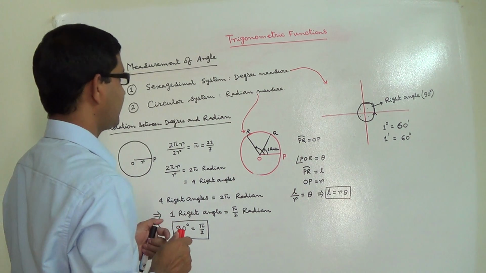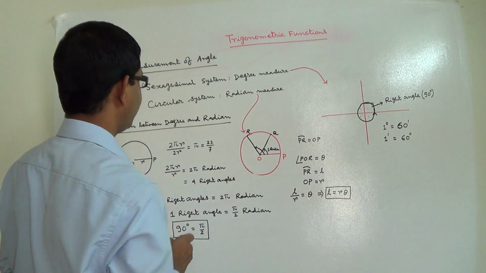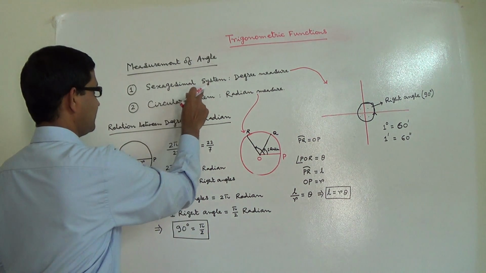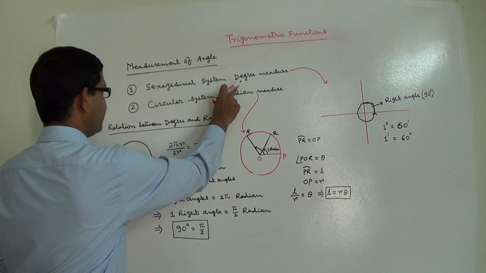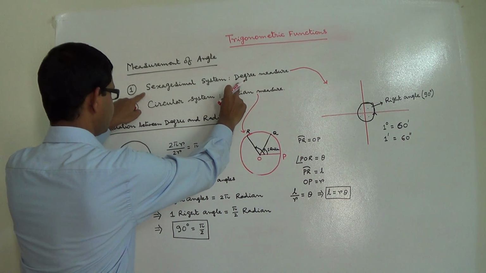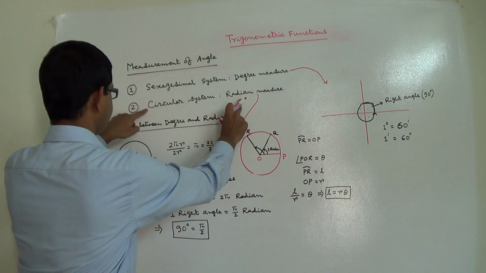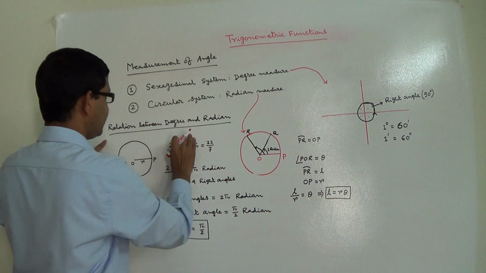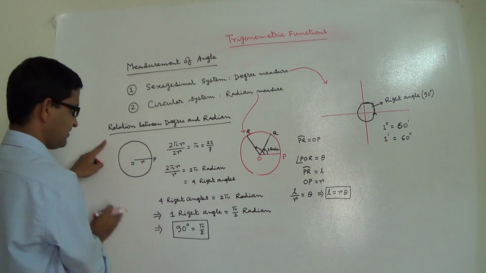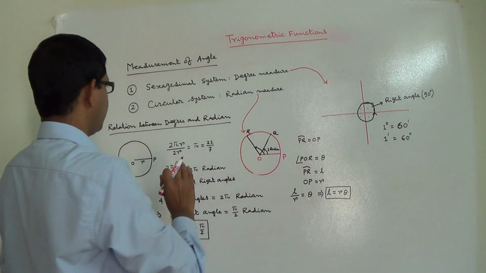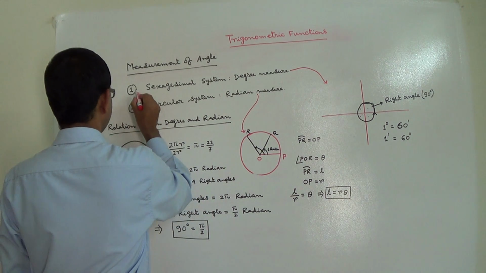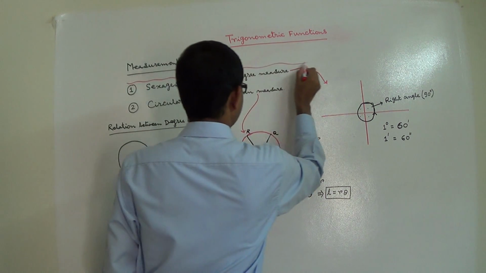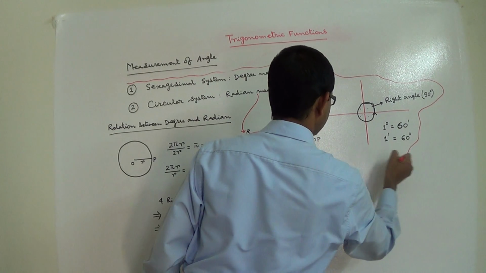So, what I will suggest is, have a recap of degree measurement under the sexagesimal system, radian measurement under the circular system, followed by the relation between degree and radian as I described here. Just have a look into this for a couple of minutes, and after that we will discuss our next topic.